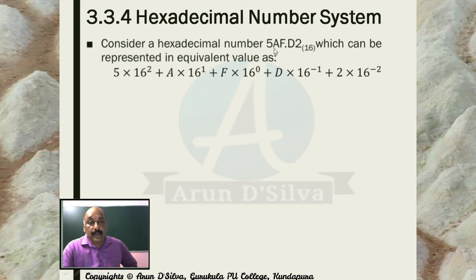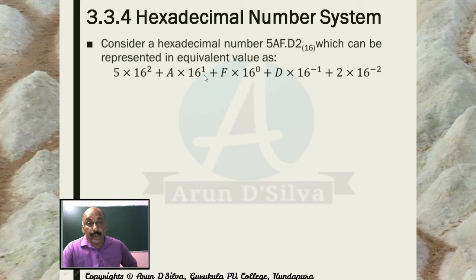I'm just considering 5AF.D2, which is a hexadecimal number, and it can be written this way. So we have to identify the position, and this is expressed in powers of 16. The previous one was powers of 8 because it was octal. Now this hexadecimal we are expressing in powers of 16. The F position value is 0, so that is 16 to the power 0 into F. In a similar way, A into 16 to the power 1, 5 into 16 to the power 2.